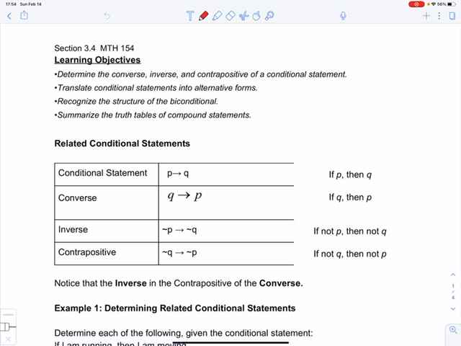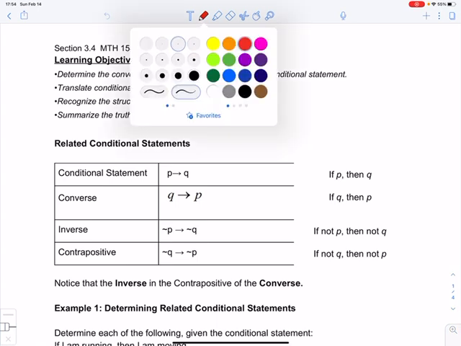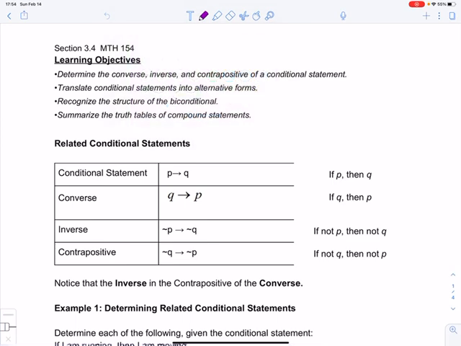So 3.4, our learning objectives are to determine the converse, inverse, and contrapositives of a conditional statement. And if you remember correctly, a conditional statement is an if-then statement that usually looks like P arrow Q, which is read P implies Q, or if P, then Q. Remember that the P is the antecedent and Q is the consequence.